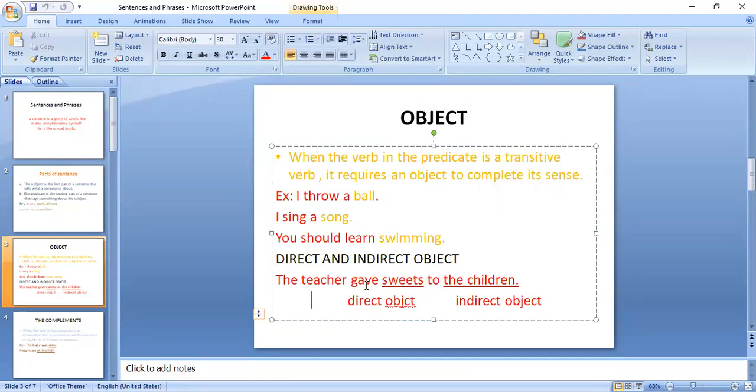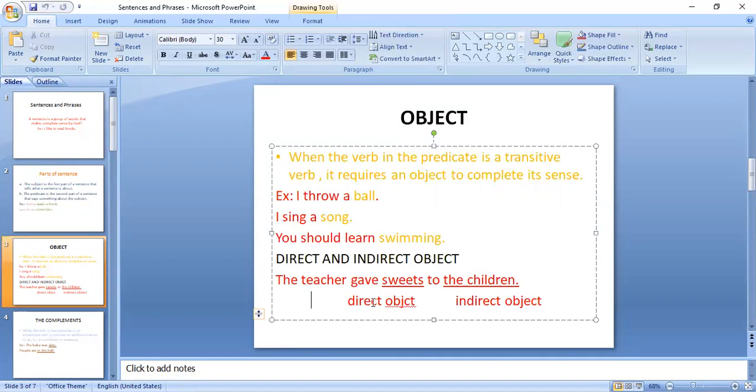Gave is the verb here. The verb gave takes two objects. What are they? Sweets and children.